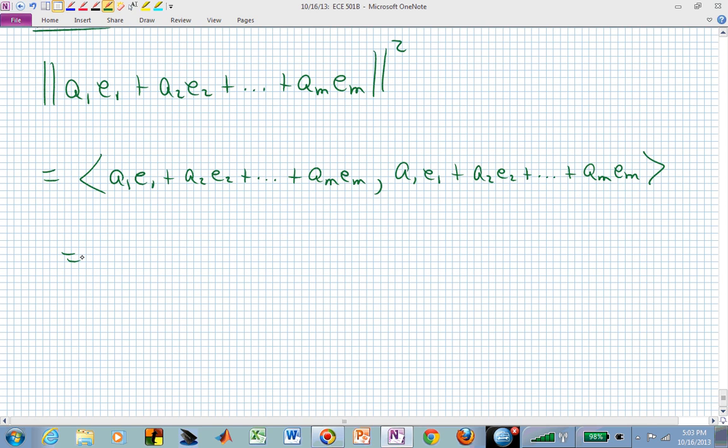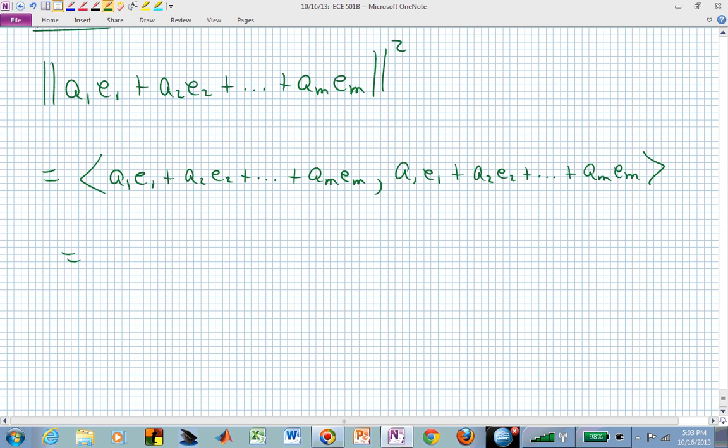What I'm trying to do now is pull this apart into m different pieces, m being Michigan. The first piece, I'm going to take A1 E1 and inner product it with all of these terms in the right-hand side.